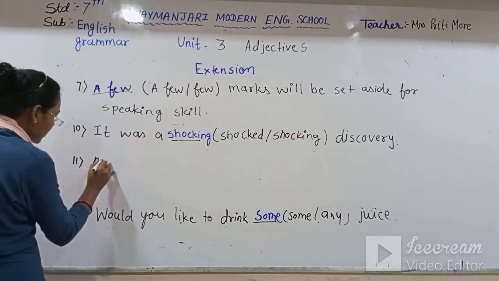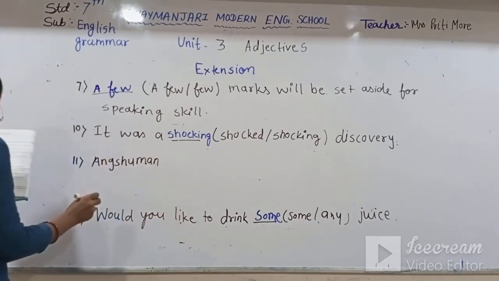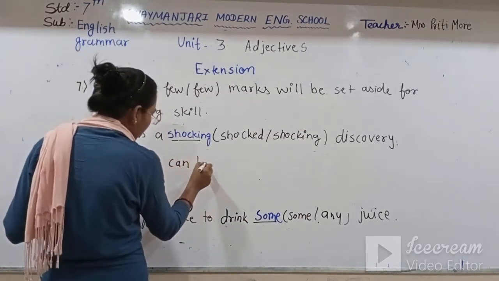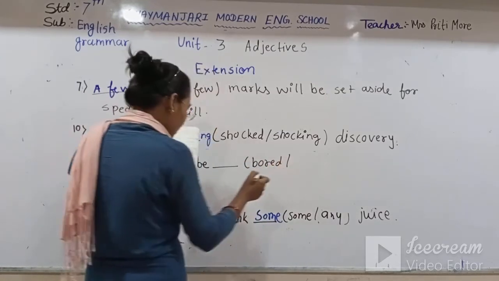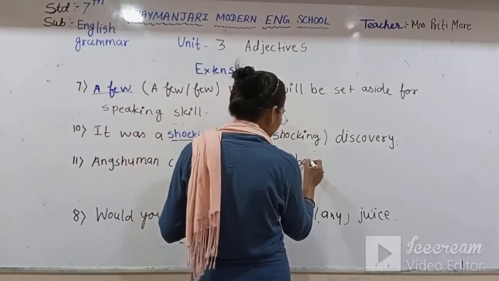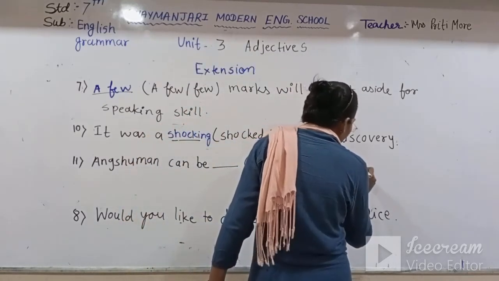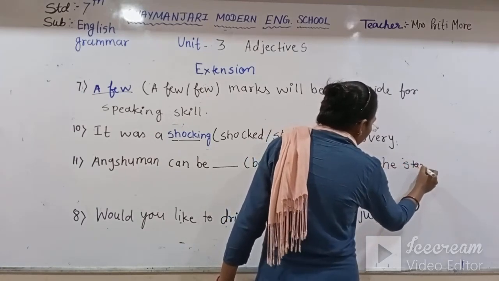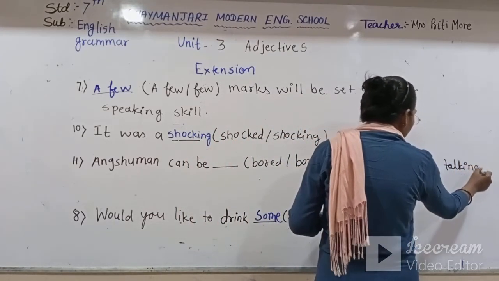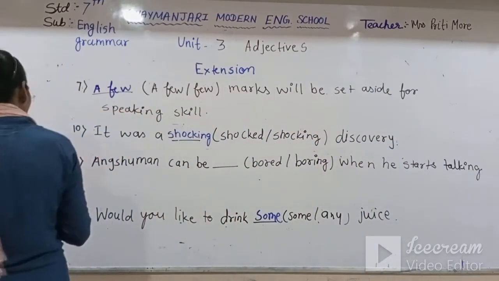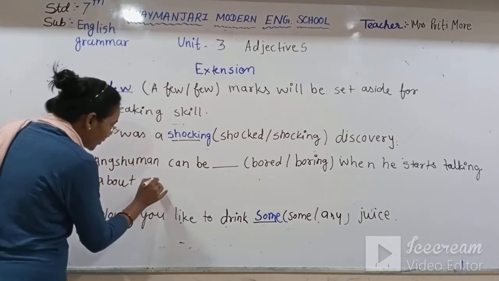Anshuman can be blank space, bored option, boring, when he starts talking about comic books.